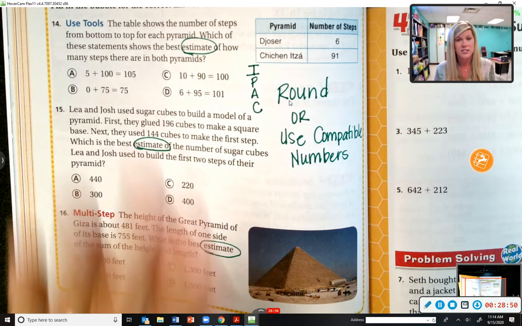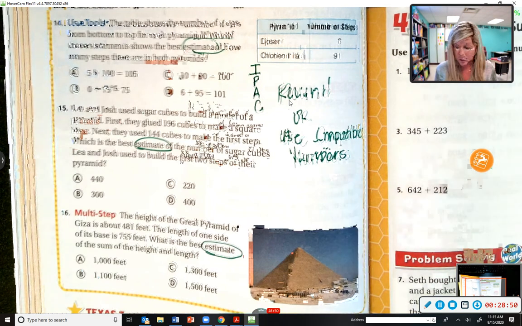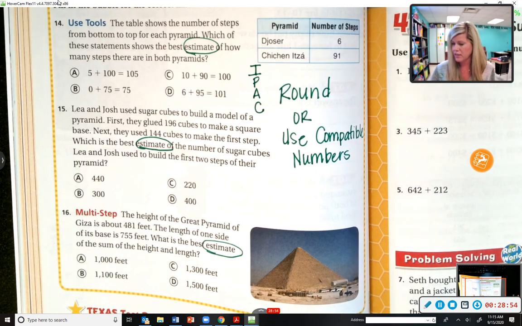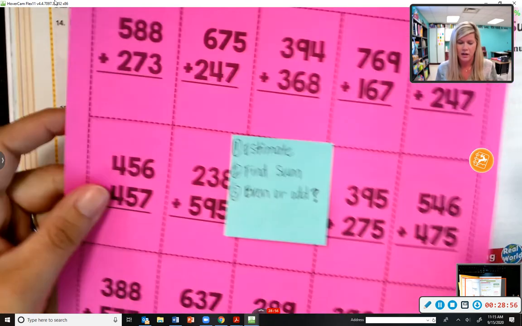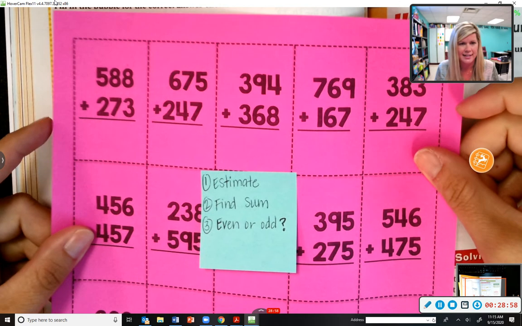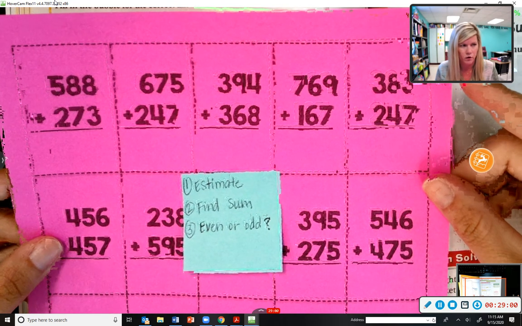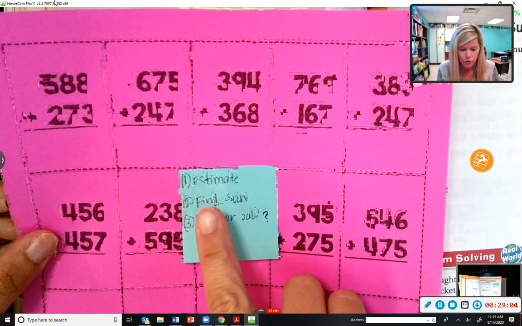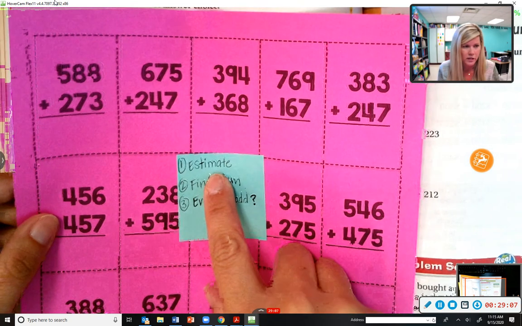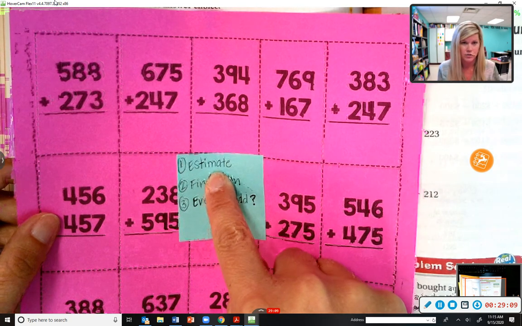Now, this is just part of your assignment, this page. Then you're also going to have to show me how you add and estimate with some problems I'm going to give you in Seesaw also, okay? So your job on this assignment is to, 1, estimate first, okay?